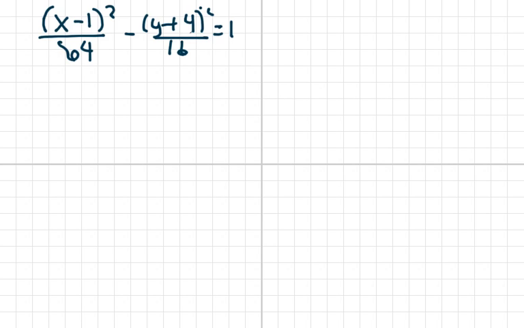So my center was 1, -4. There's my center. Now my x, I'm going out 8. So 1, 2, 3, 4, 5, 6, 7, 8. There's where you get your 9 from. And then we're going to go over here, 1, 2, 3, 4, 5, 6, 7, 8. And there's where you get your -7 from. And on the y portion, we're going up 4.